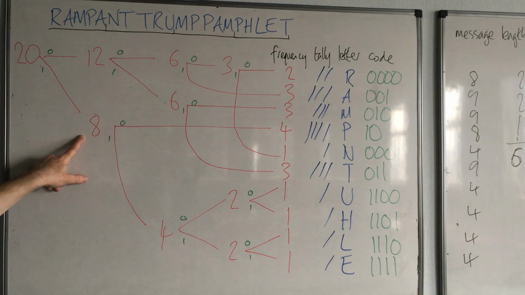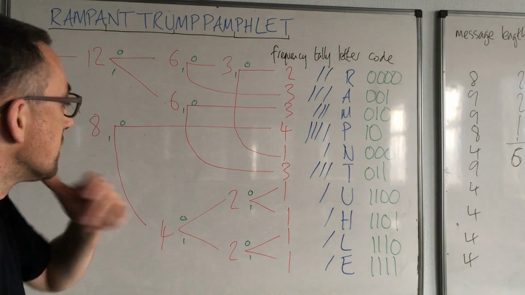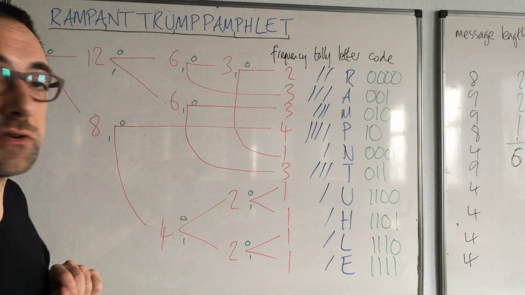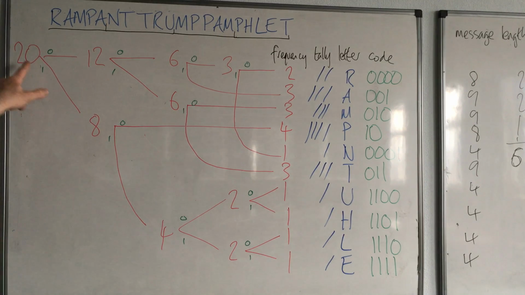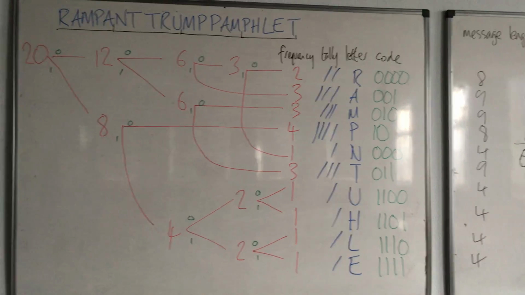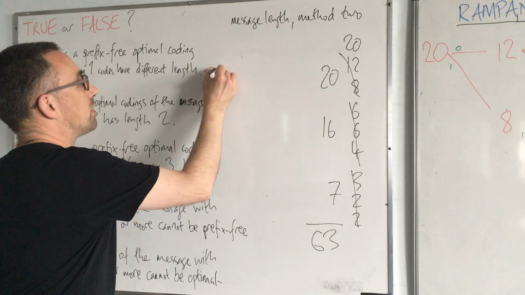And we were forced to put this 8 under the 20. There was no choice about those particular groupings. Which other 4 the P was grouped with, there was a choice about, but that the 4 was below the 8 and the 8 was below the 20. No choice. So the code for P is bound to be true. Yeah, to be of length 2. So these are both true.